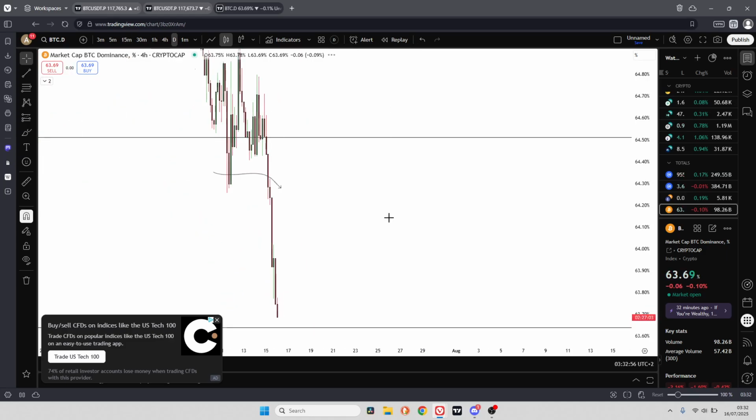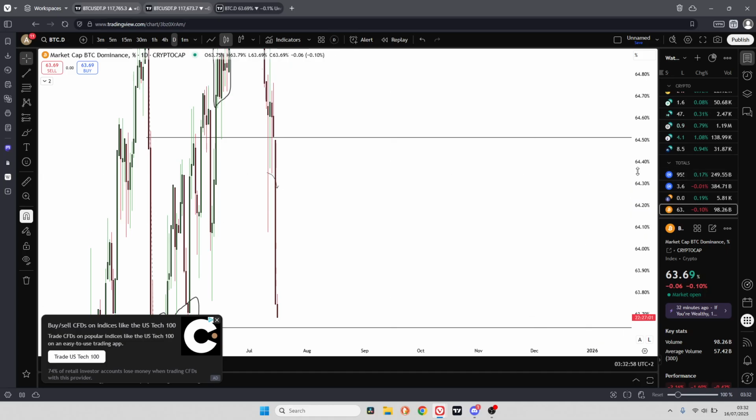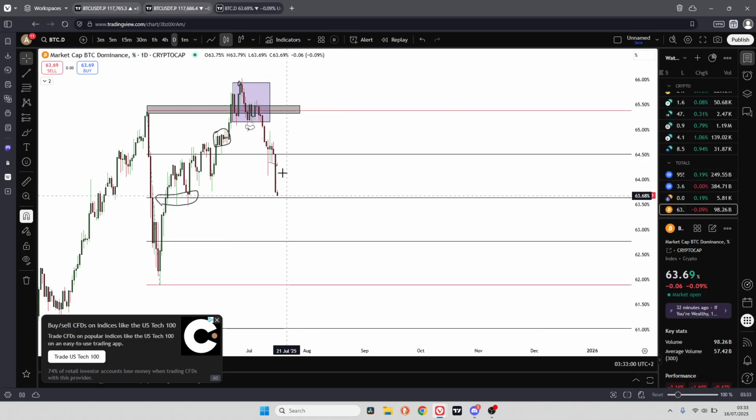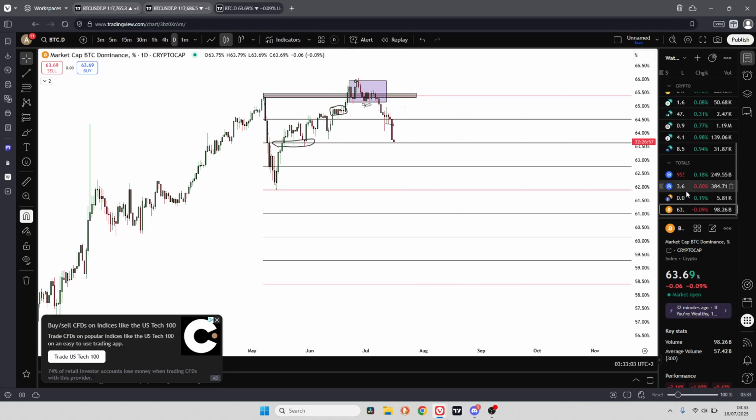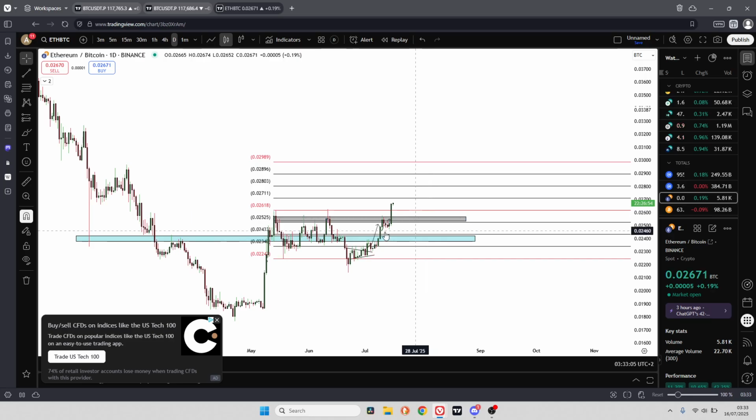Because also when we just look at this BTC.D chart, it is currently really experiencing some downwards move, which we love to see, because when we look at ETH, it has broken out of this range right now. We made a daily close above this. So what would we like to see here? Of course, a hold above this, right?